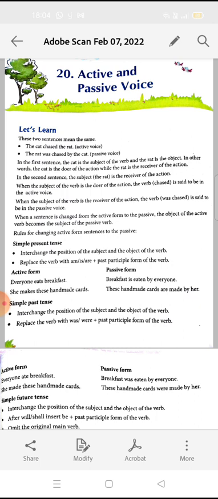Then when you go to class 6, class 7, you'll learn in depth. Detailed work will be there. This is just the beginning for you, so let's understand a little bit at a time. I know it will not be very easy, but with practice, and because not much is given here, you'll be able to do it.